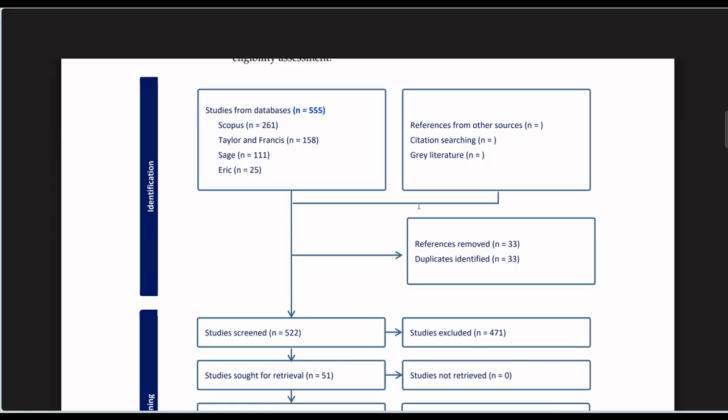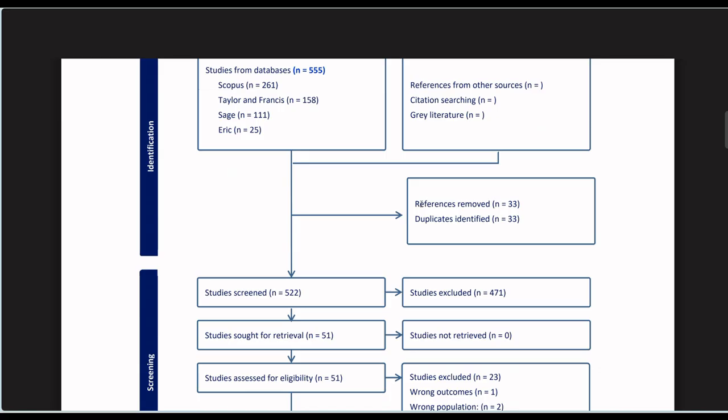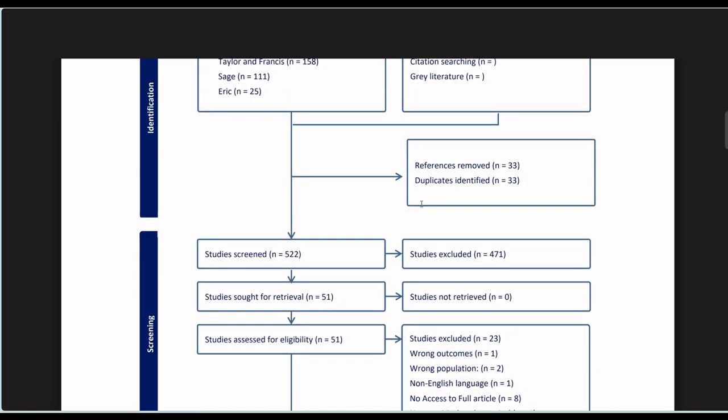We call it deduplication. So you deduplicate and you move forward to the next stage. I beg your pardon. After deduplication, title and abstract screening is next.